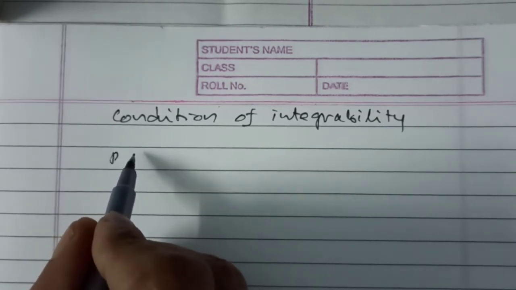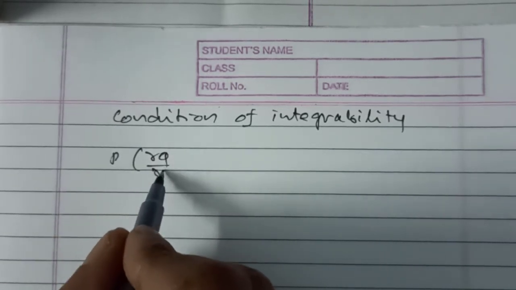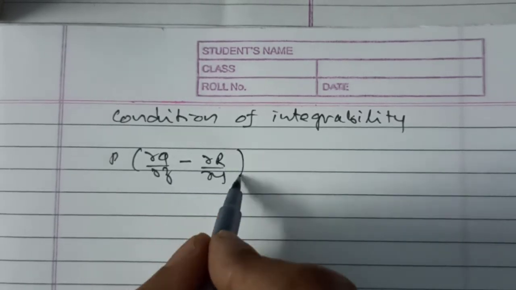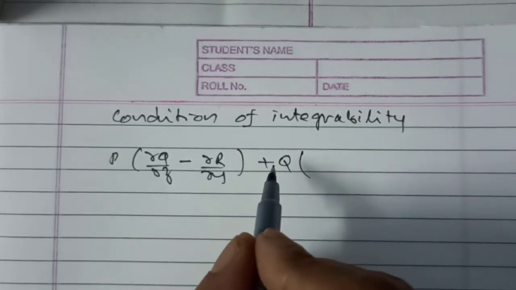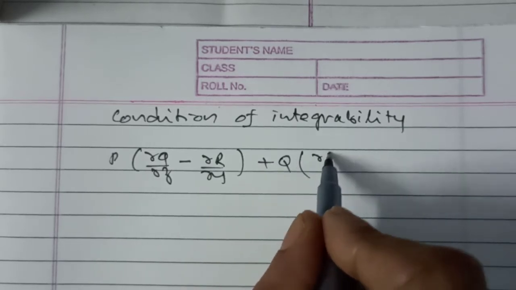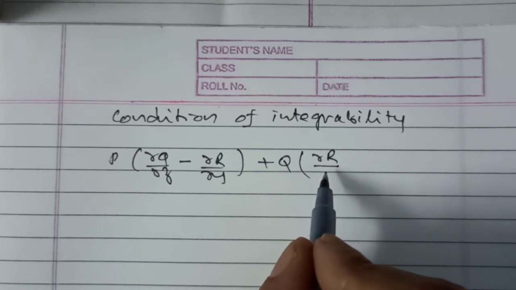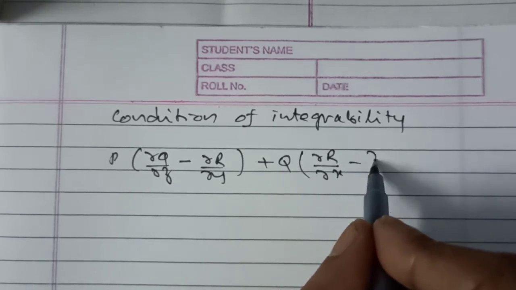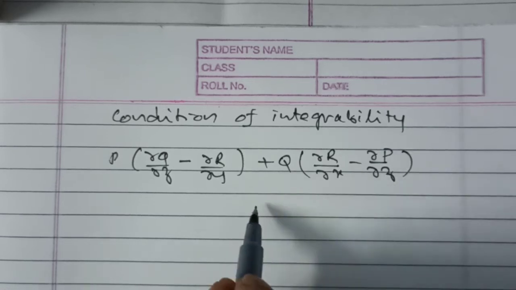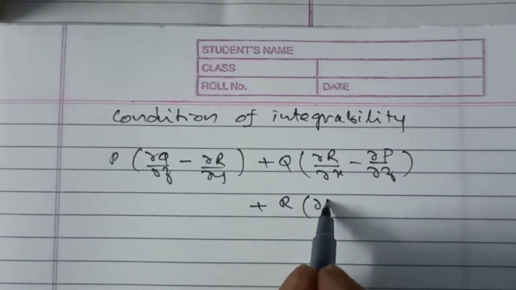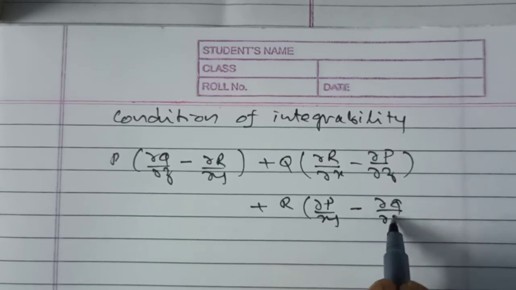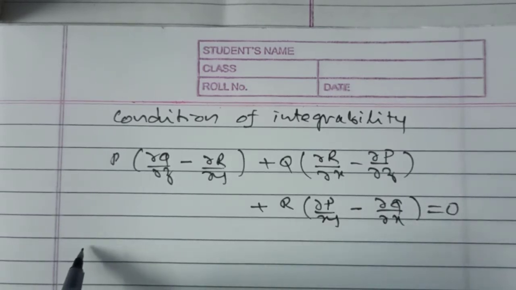So p into dou q by dou z minus dou r by dou y, plus q into dou r by dou x minus dou p by dou z, plus r into dou p by dou y minus dou q by dou x is equal to 0.